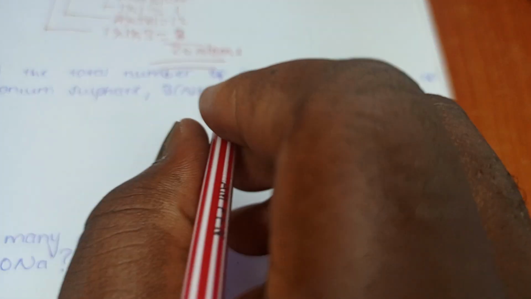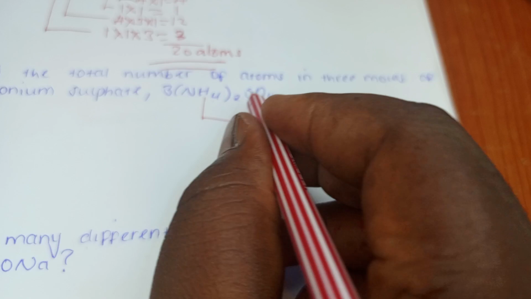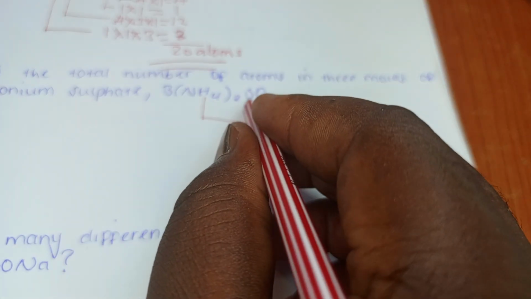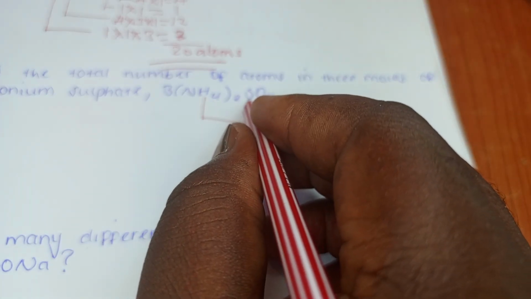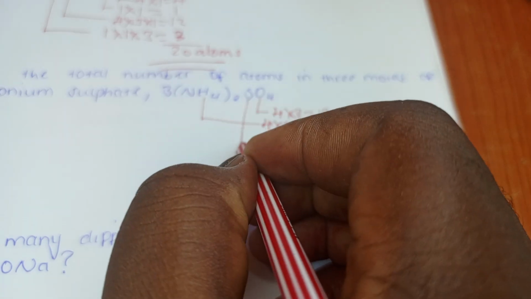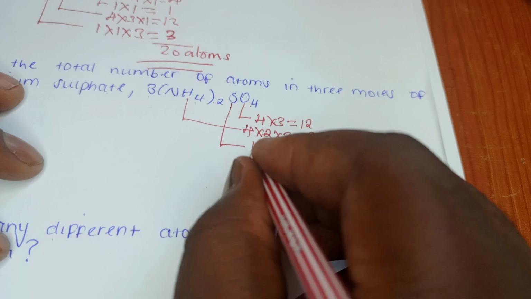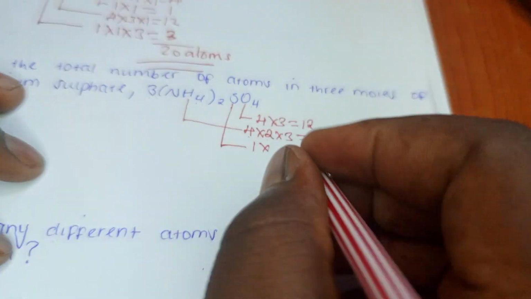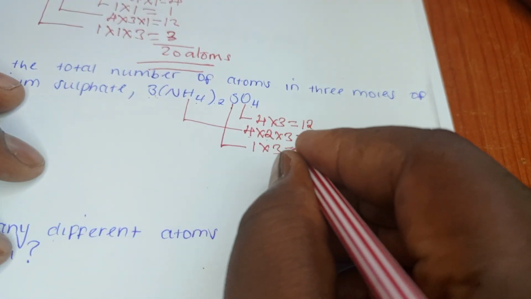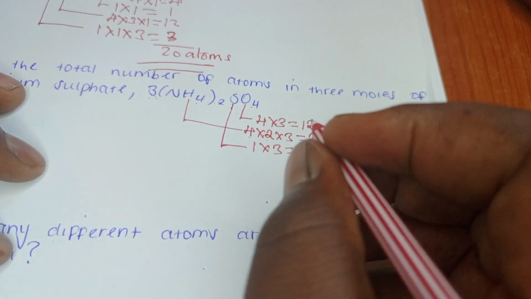24. Then in fact I've forgotten 1 here, which is sulfur here. So I'll just do it from here. For sulfur, 1 multiplied by the 3 in front here, to give me 3.